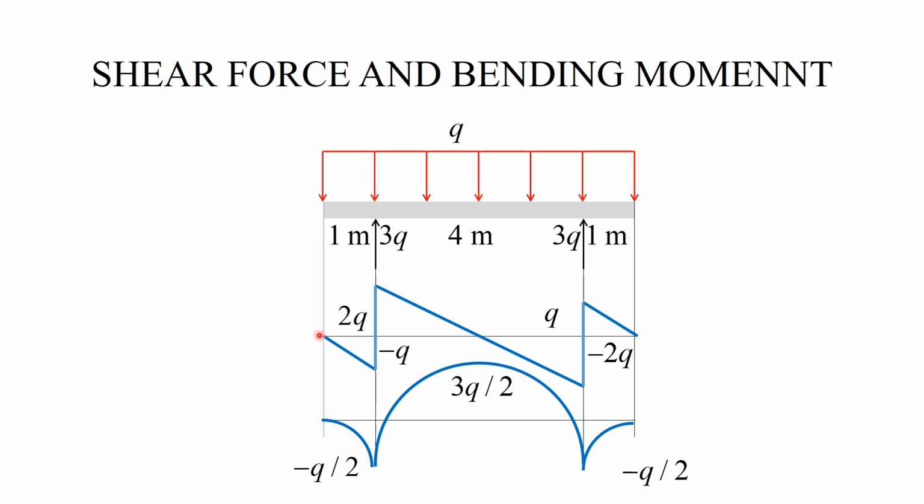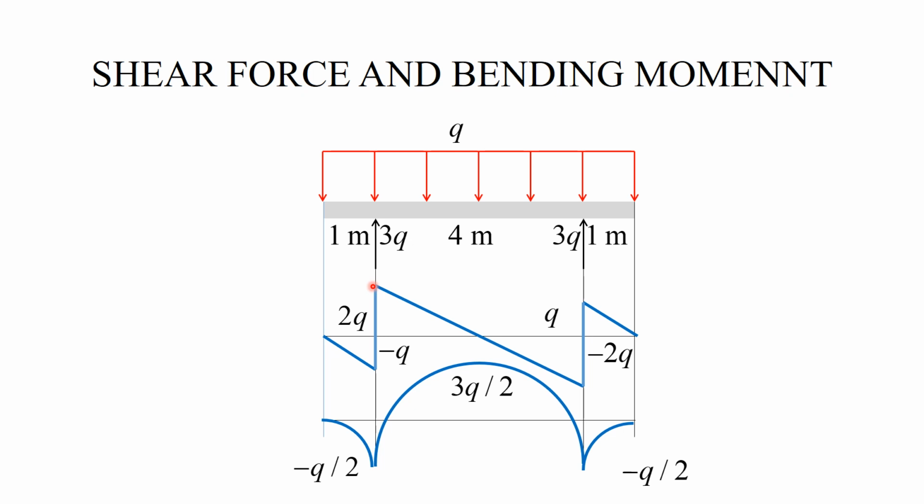I start with 0 because there is no shear force or applied load at the left end. And then I proceed with the slope negative Q, which brings me to the force minus Q. Then there is a jump of magnitude 3Q up, which brings the shear force to 2Q.